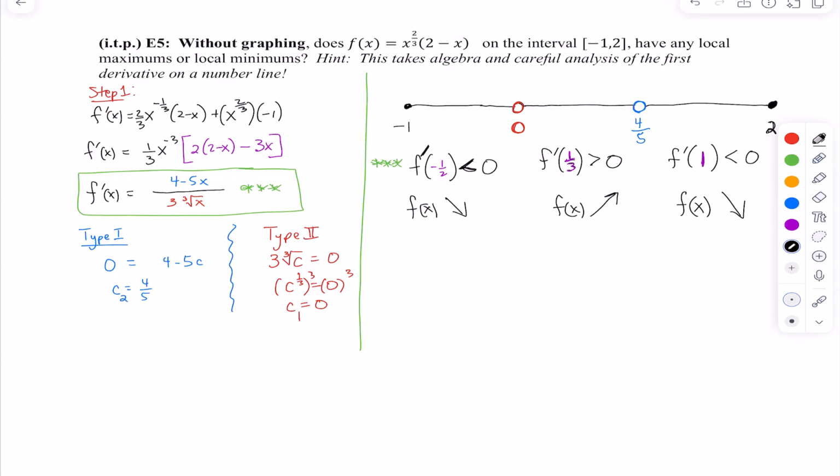Now, this is a good indicator of whether or not this has a local min or local max. So here we go. At c equals 0, there is a local max. I'm sorry, there is a local min.